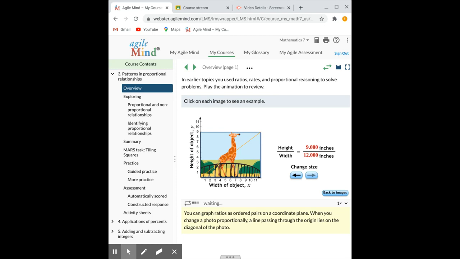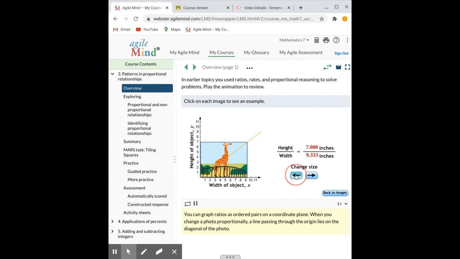Divide both of them by 3. Okay, that's right. So 9 divided by 3 is 3. Good. And 12 divided by 3 is 4. Good. So let's see if that's on here. Good, that's on there. What's another one we could come up with?